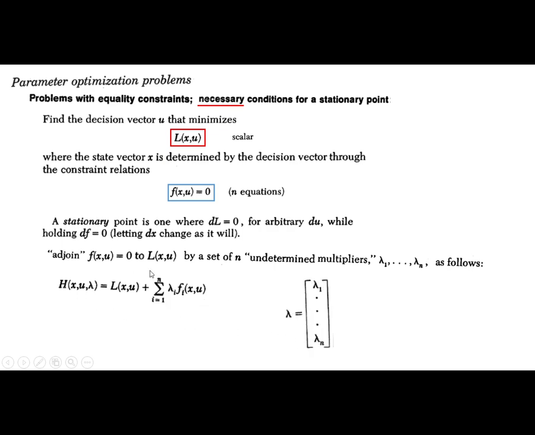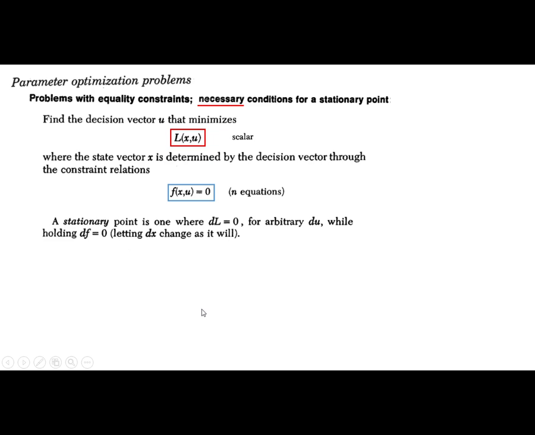Then, we can write the following vector form of this function. So, we have the function h of x, u and lambda, which simply equals the summation of the index function L with the constraint function f that is pre-multiplied by the constant and unknown vector lambda.